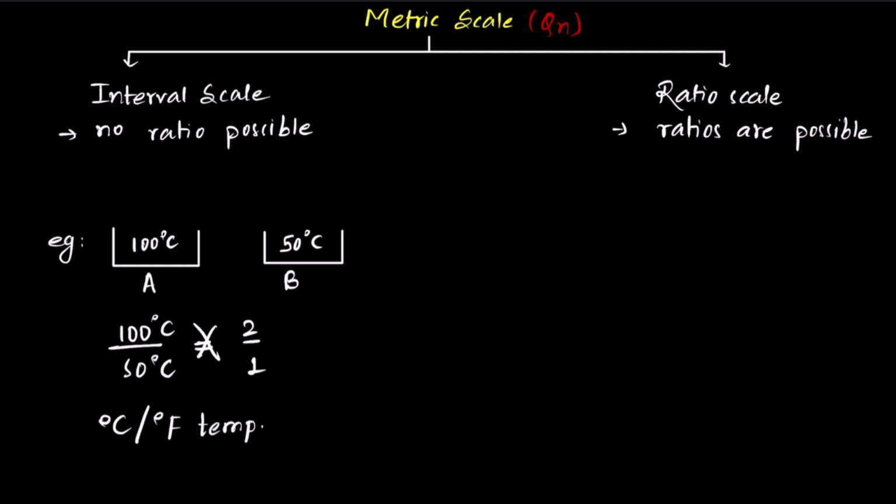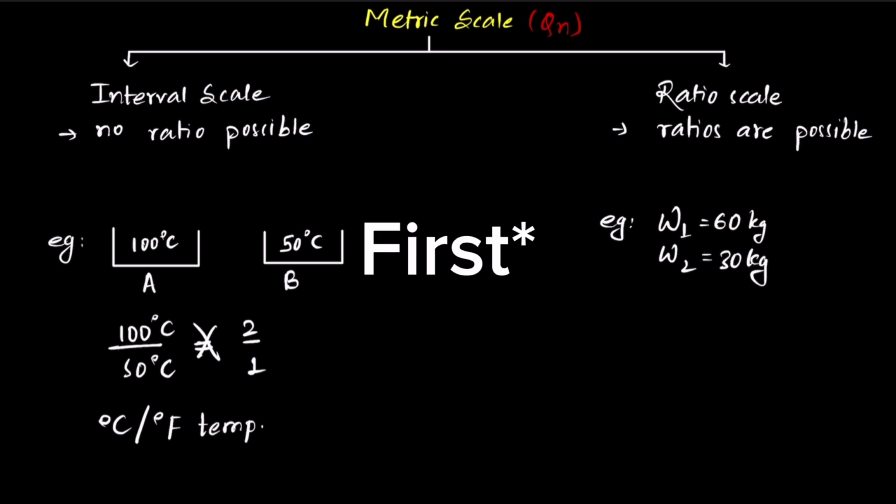Okay. Under ratio scale, ratio of the quantitative data is possible. For example, weight of first person is 60 kg and the weight of second person is 30 kg. At this condition, you can say that the weight of second person is twice as that of weight of first person. Basically, 60 by 30 equals to 2:1. So ratio is possible.